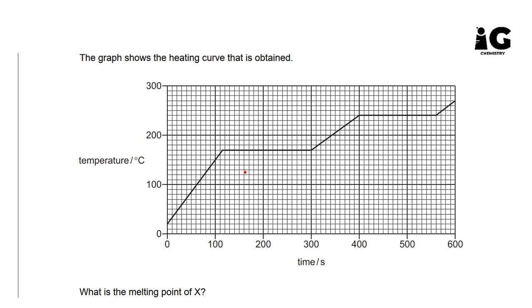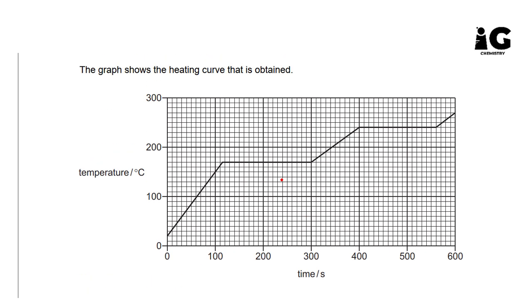So here we have to learn something really important in heating curves and cooling curves. Here we have an inclined line, another inclined, and a third one. And here we have a horizontal line and another horizontal line.